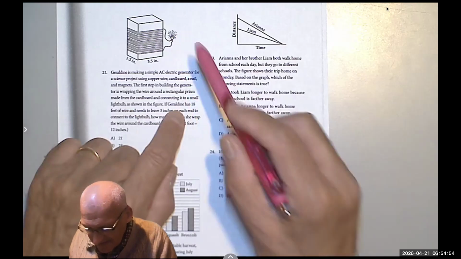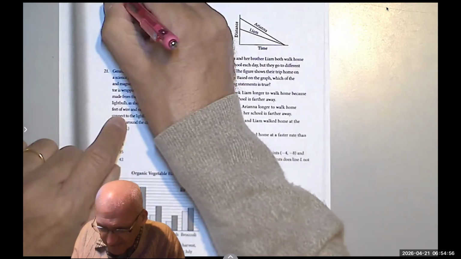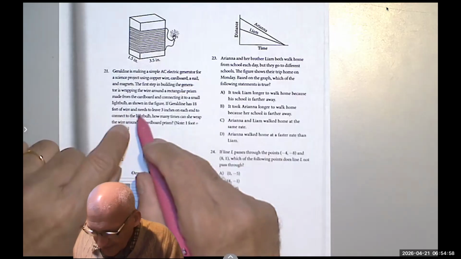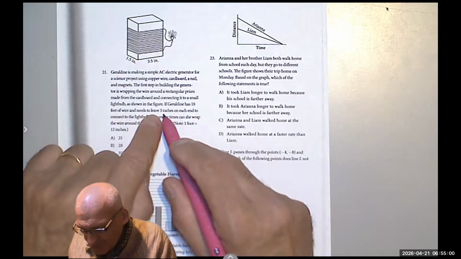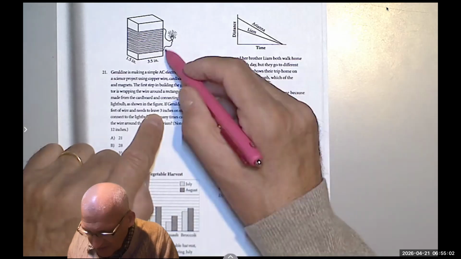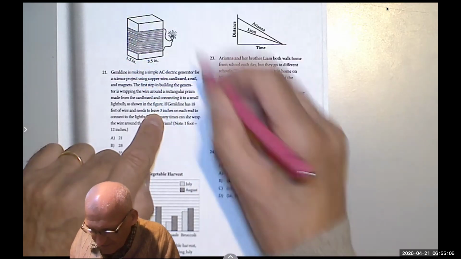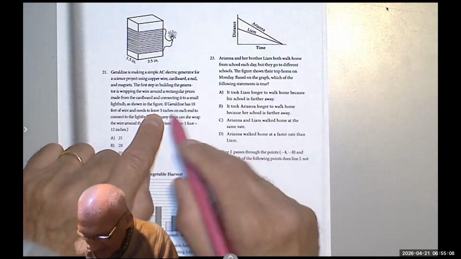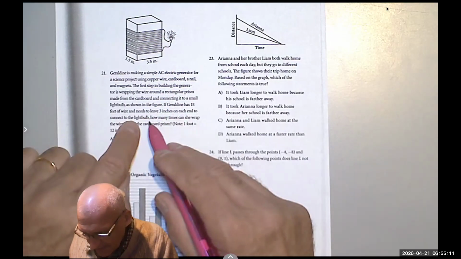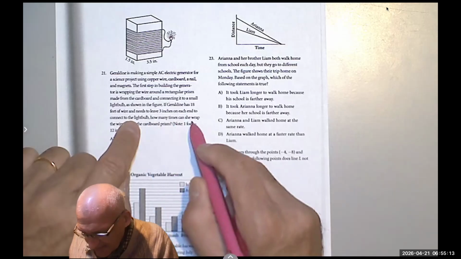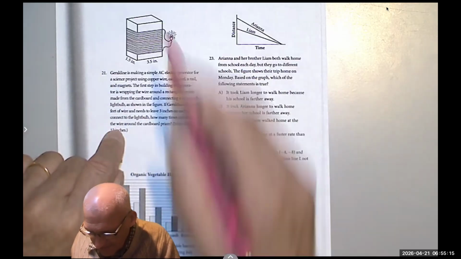If Geraldine has 18 feet of wire and needs to leave 3 inches on each end, meaning 6 inches, 3 from this side and 3 from that side, to connect the light bulb, how many times did she wrap the wire around the cardboard?